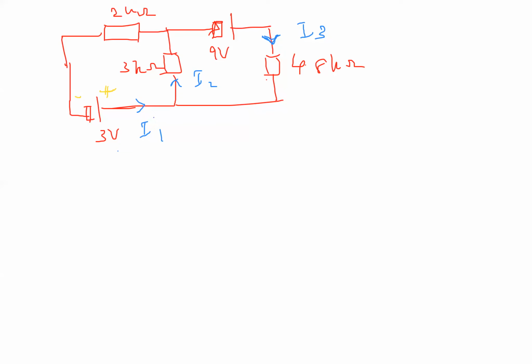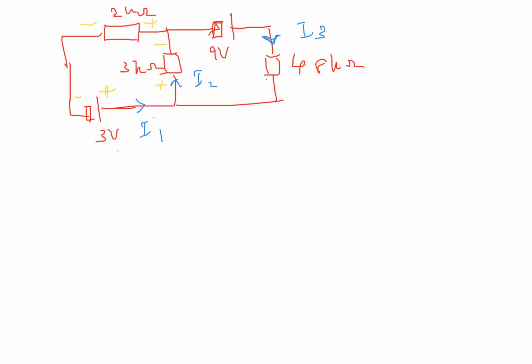Bottom. Very good, because current flow happens from positive to negative. What about 2 kilo ohms? Right hand side or left hand side? Right hand side. Yeah, it is positive because current flows in, and the left hand side is negative.